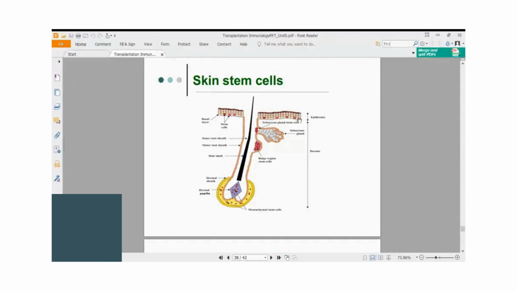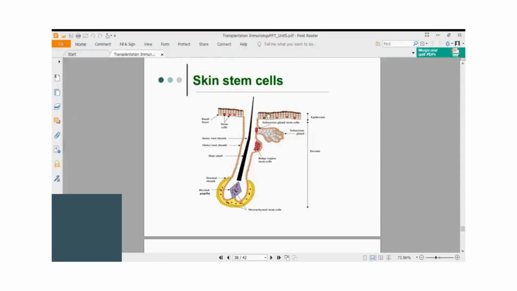So the stratum germinativum layer separates the epidermis from the dermis, and it is capable of dividing. And there are stem cells in that stratum germinativum layer, which are called epidermal stem cells, that give rise to the epidermis layer of the skin, which is being shed off on a daily basis.